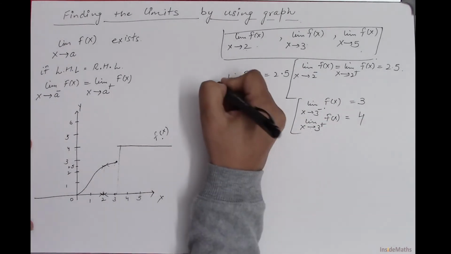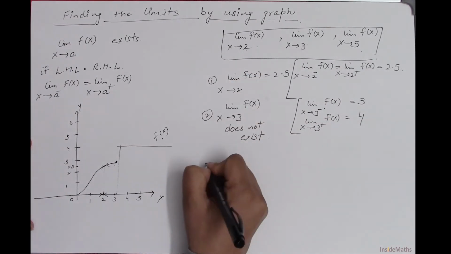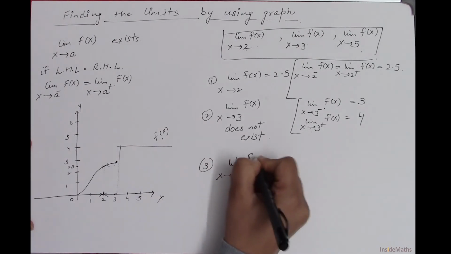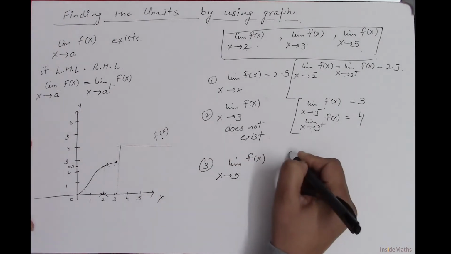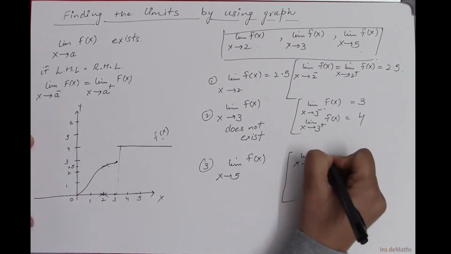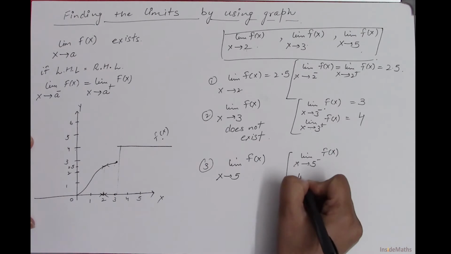The third one is limit x approaches to 5 f of x. For this also we have to check both the limits.